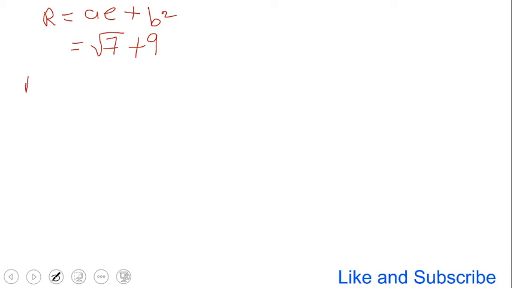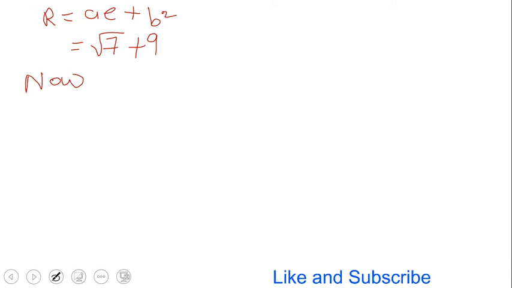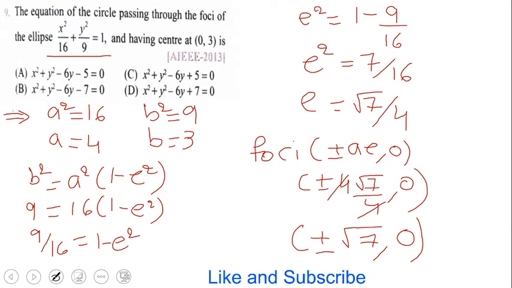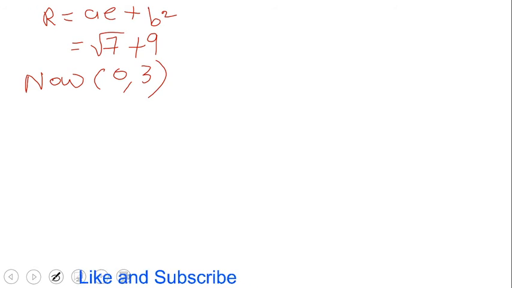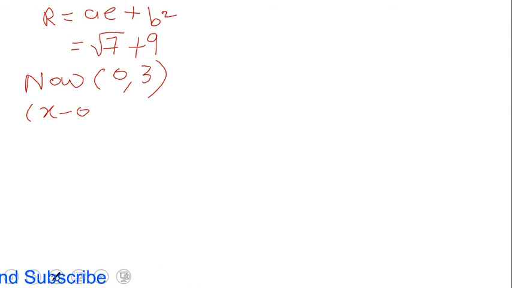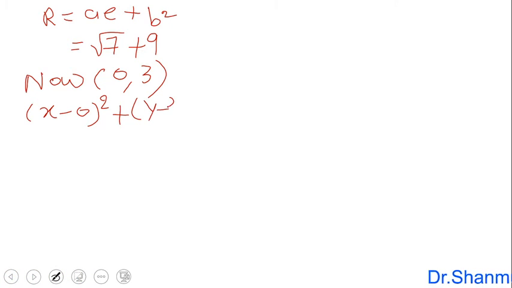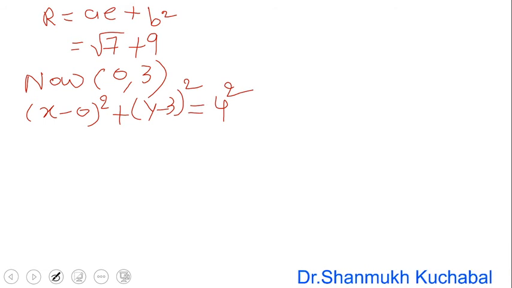Now it will pass through the point they have given. So the center is (0, 3). The associated equation we have to write. So it is (x minus 0) square, next (y minus 3) square. The radius is 4, so I write 4 square.